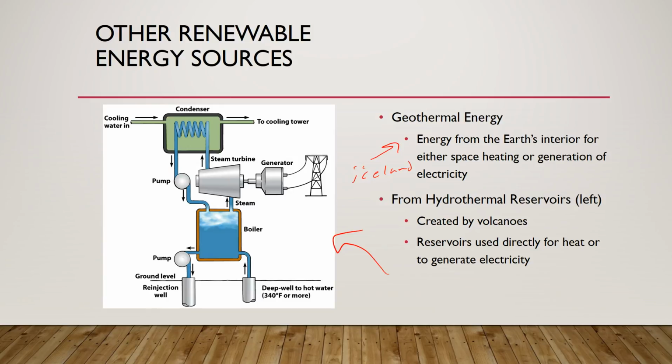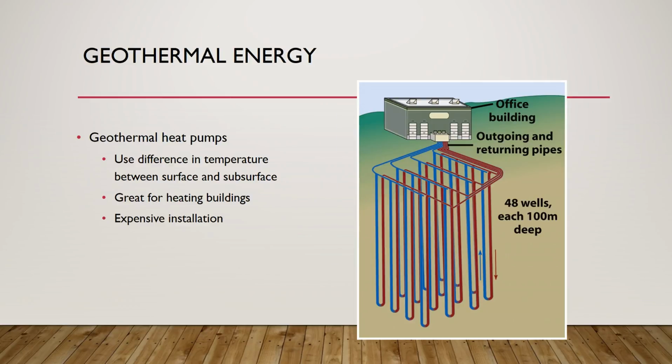Anyways, we have geothermal energy with a steam turbine or geothermal energy for space heating. One of the ways it's used exclusively for space heating is through this idea of what they call a geothermal heat pump. And in this case, they're not using intense heat, so this doesn't have to be done in an area that has geysers or hot springs nearby. This could be done anywhere, essentially.